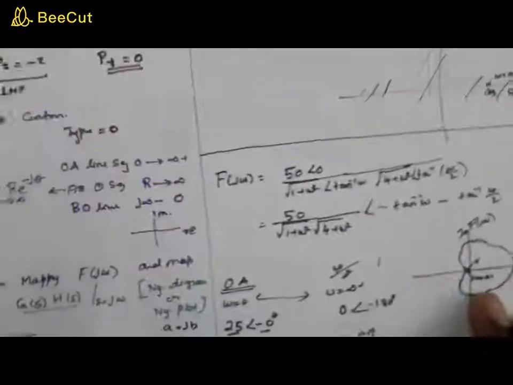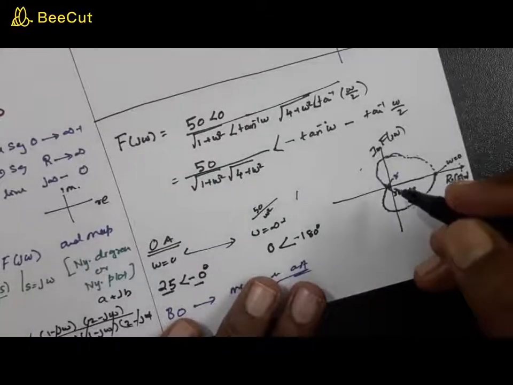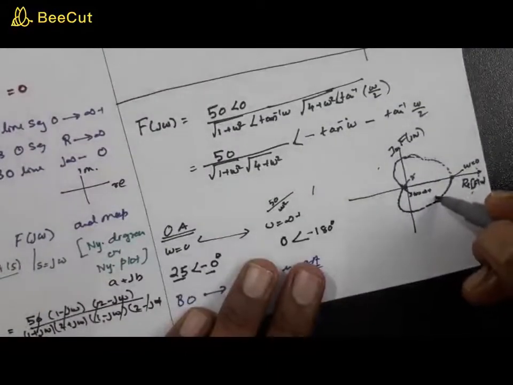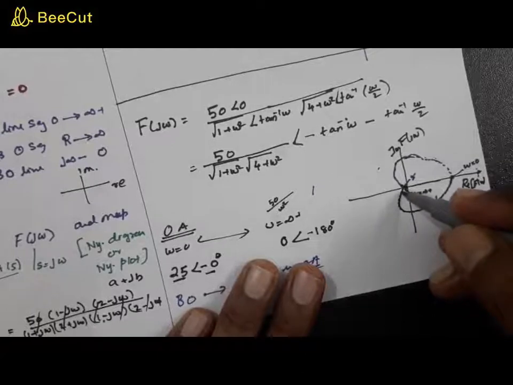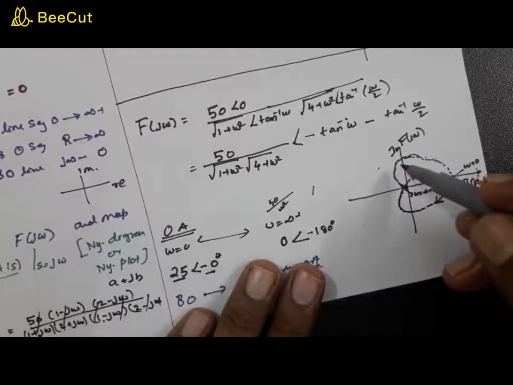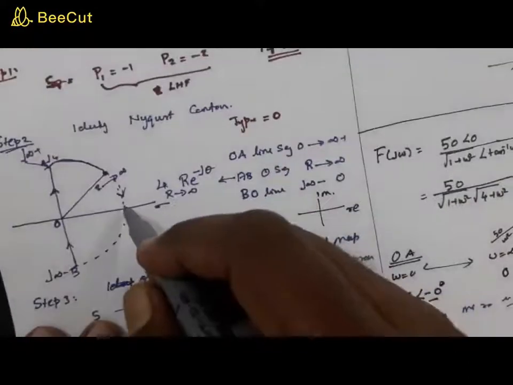So you need to mark the points anyway. This actually started from this, right? This will be your direction, and it comes over here. Now let us put the direction after mapping this big circle. Now how will you plot this big circle? This is the big circle, r e raised to minus j theta.